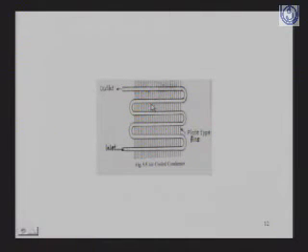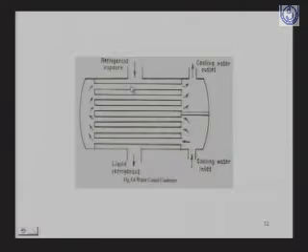Those are known as air-cooled condensers. So in your house, the air-cooled condenser could be seen on the back side of the fridge. The black fins and then certain coils through which the refrigerant flows. Then next is the water-cooled condenser.